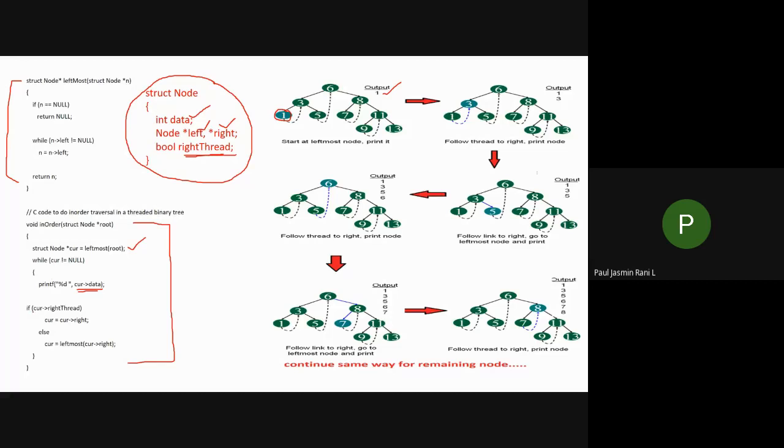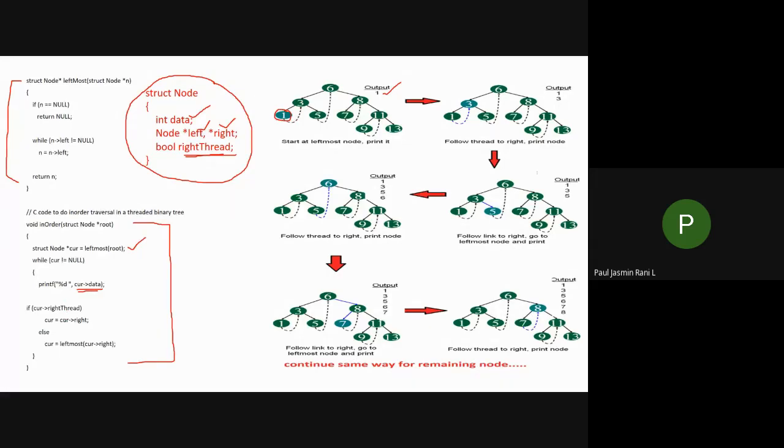The right thread value contains either true or false. If it is false, I don't have any thread. If it is true, I have a thread. At present, I have a thread, isn't it? Because on the right side, see here, the dotted lines denote the thread. So here I have a thread.